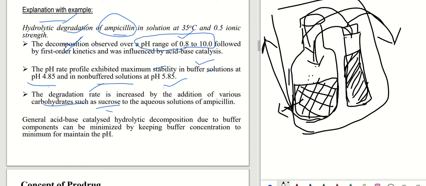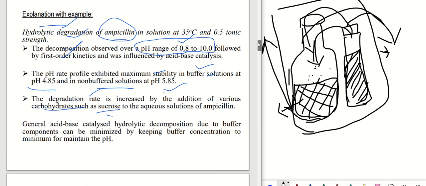As soon as you add the solvent, we need to consume it within the given time. So this is about hydrolytic degradation, and that is the method we take up to avoid hydrolytic degradation, especially ampicillin. This is a good example for dry syrup, which is used for pediatric purposes. And next we will be discussing the concept of prodrug.